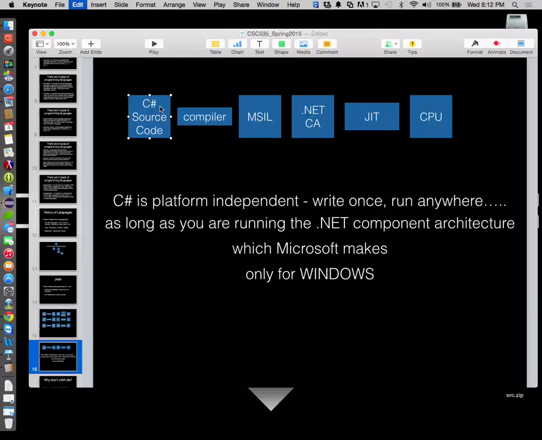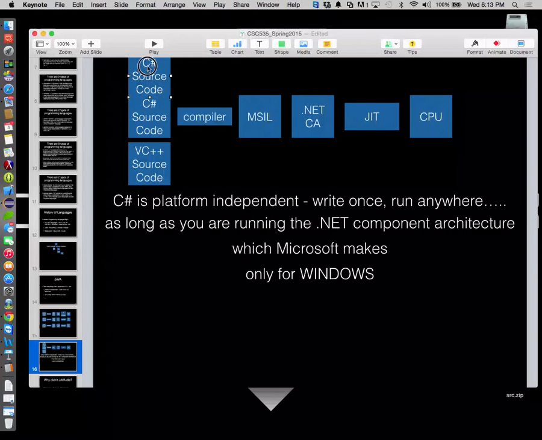So whether your starting point is C#, or Visual C++, or VB, any of those languages, when we send it through the .NET compiler, the output will be Microsoft Intermediate Language, MSIL code. Okay? So that means certain parts of our program we can write in one language, other parts in another language, other parts in another language.